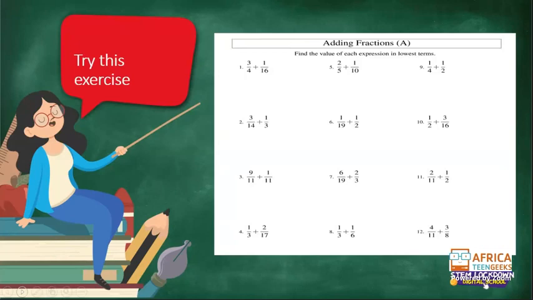So your lowest common multiple is 38, and you add 2 plus 19, which is 21. Your denominator is 38, it does not change. So you have 21 over 38.